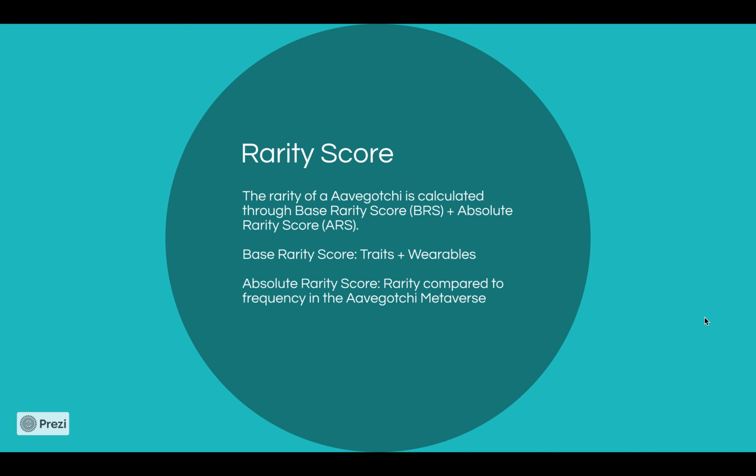So for example, if you own an Aavegotchi that has a common trait by definition, but no one else in the entire metaverse has it, then that still counts for a lot, that's still rare. So partially, the different traits will have an inherent rarity level, but also if that particular trait does not exist a lot within the metaverse, it becomes more rare as well.